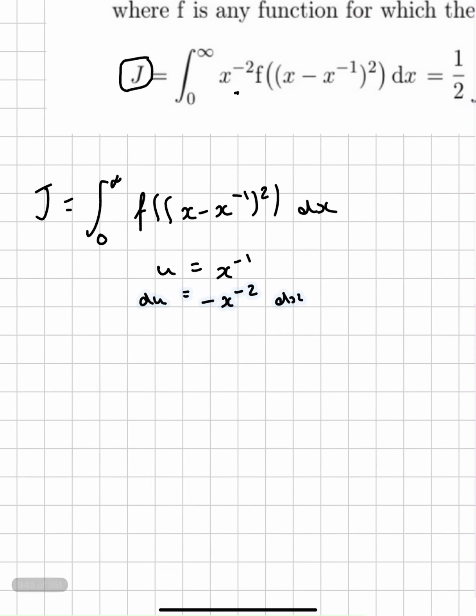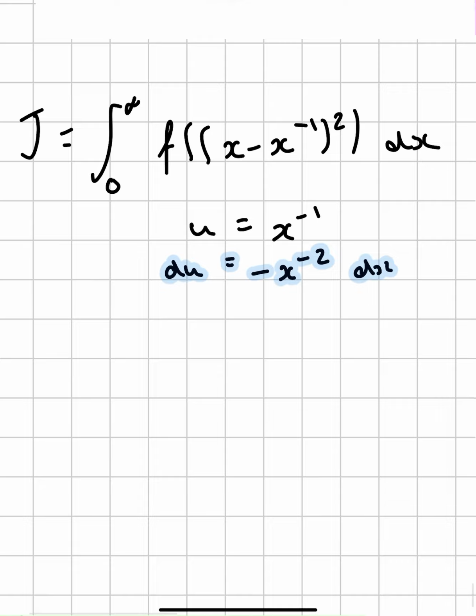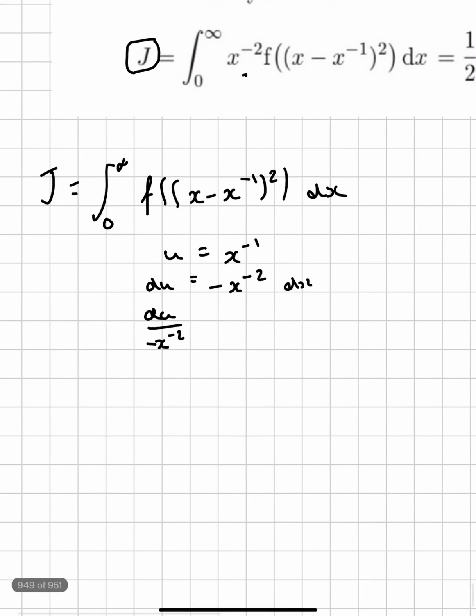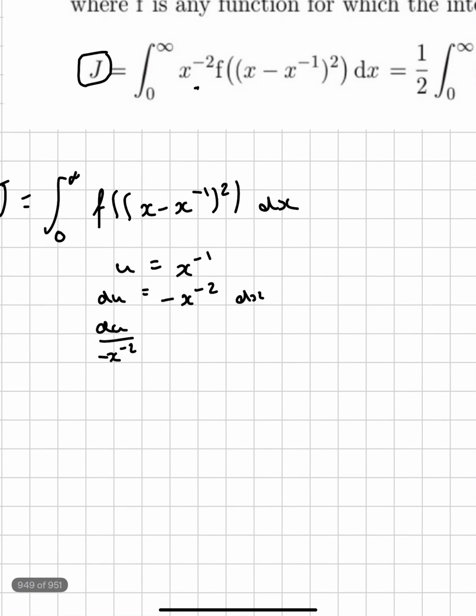Now we want to sub all of this in. Our dx is going to be du over minus x to the minus 2. If we look at minus x to the minus 2, we see that u squared is x to the minus 2, so this is divided by minus u squared.